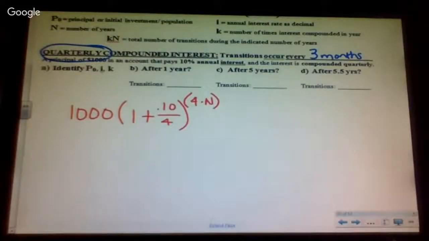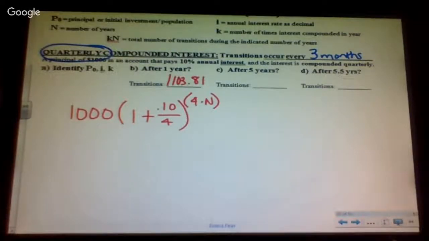What do we get after 1 year? $1,103.81. Make sure you put this in parentheses when you raise it, or else it's going to raise it to the 4th, and then take your answer times n. What do we get when we plug in 5?